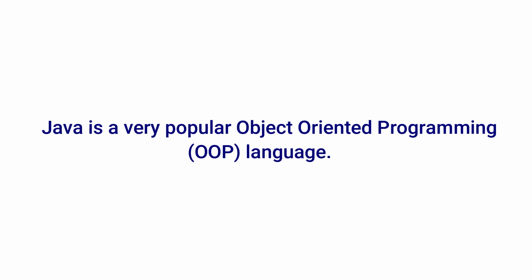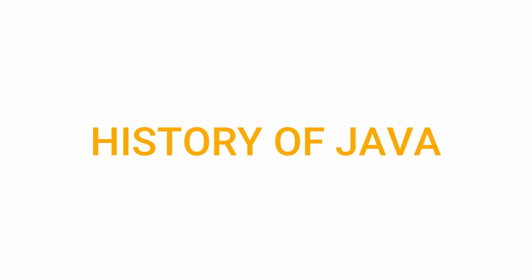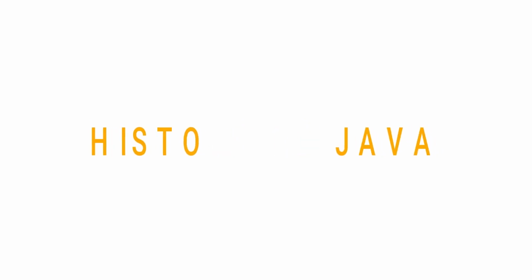And not only that, there are Java applications built on various platforms that range from embedded devices to desktop applications, web applications to mobile applications, and we also have large business applications to supercomputers, which we can develop using Java programming. So let's go into the history of Java, which is the next thing that we're about to learn right now.